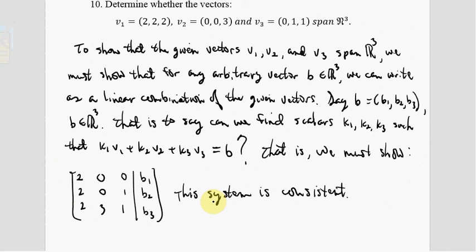We're asking, is this system consistent? I don't know if it's consistent because I don't know what B1, B2, and B3 are. But if it is consistent, then there is an equivalent statement in the Monster theorem.